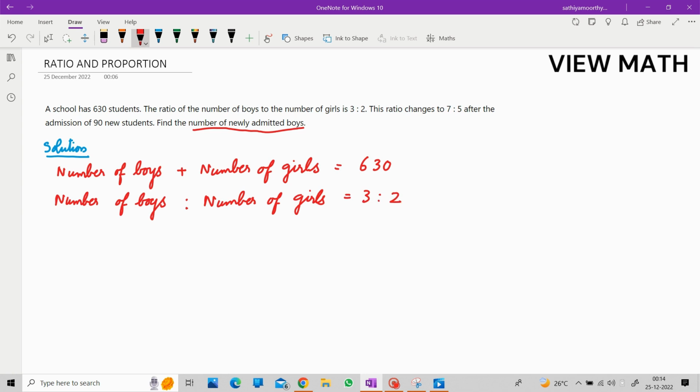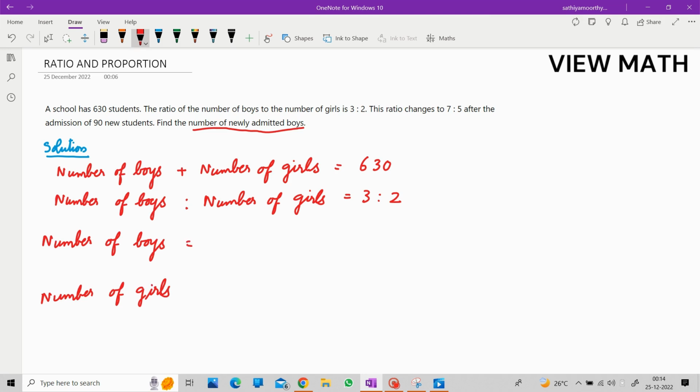So we know the total number of students, and in that the ratio of boys and girls is 3:2. So let me find out the number of boys and the number of girls in the school out of 630.